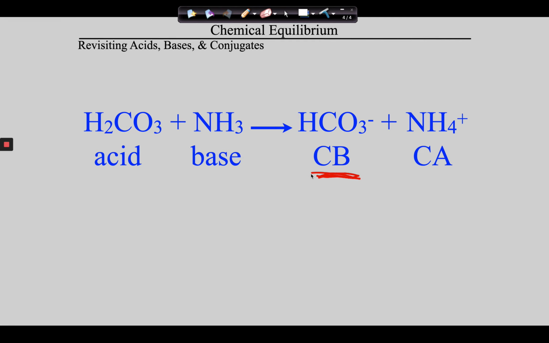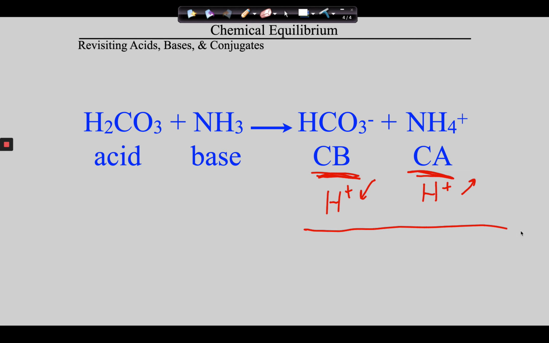And the answer is no, these are actually bases and acids. So this conjugate base is fully a base, and this conjugate acid is fully an acid, and they can function as acids and bases. Now remember, the idea is that acids give away hydrogens and bases take in hydrogens.